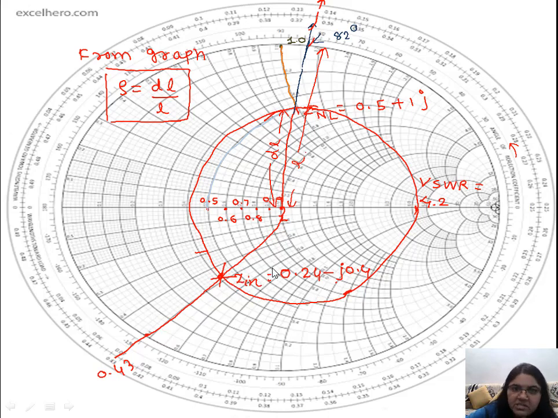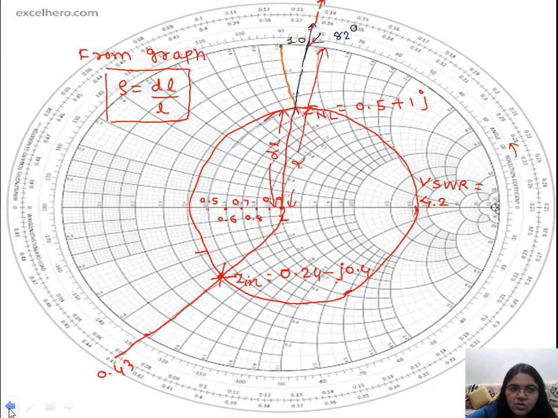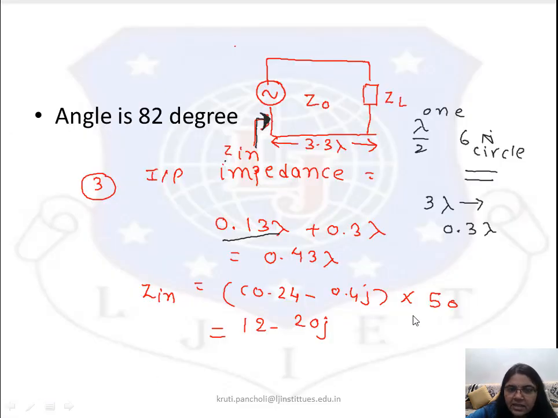But you know that the value you found on the Smith chart is a normalized value. While I want the exact value, I should convert that into my original value. So my Z in is not this 0.24 minus 0.4J, but it is multiplied by 50.